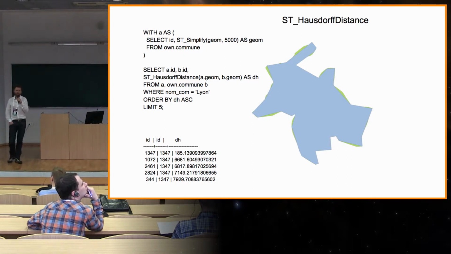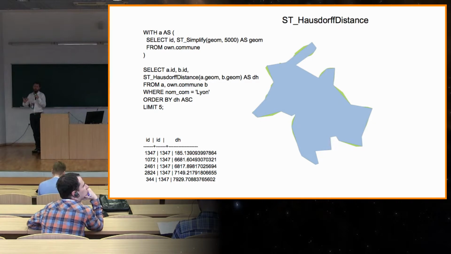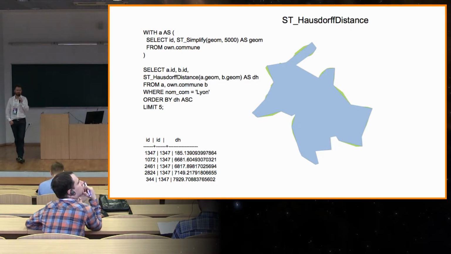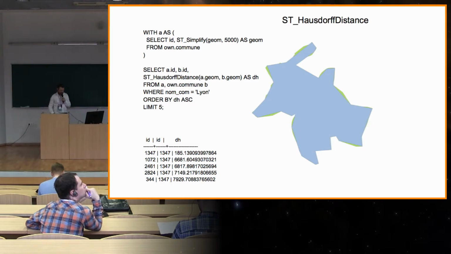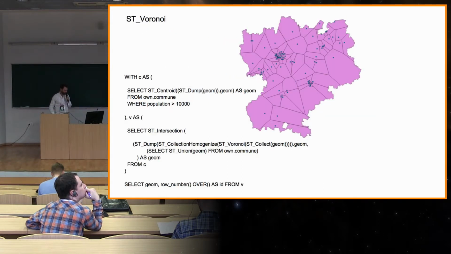It's because one is built from the other, but it could be because these are two different data sets representing the same feature, but not exactly the same. And with another distance, here, you can check how similar two geometry features are or not. And the output result is a float.